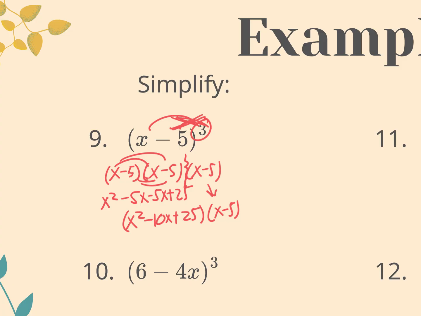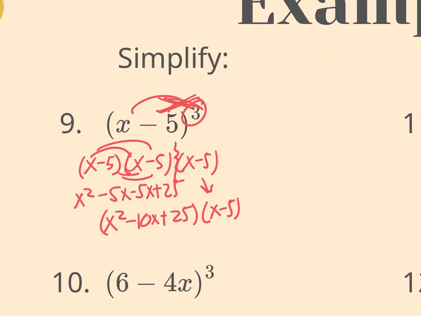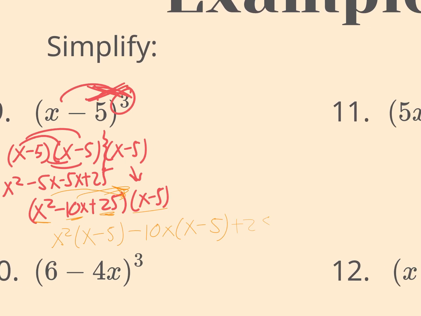From here is where some people might get a little bit confused. You just want to take each term and distribute. So I'm going to take that x squared and distribute it to this x minus 5. Take that negative 10x and distribute it to x minus 5. And take that 25 and distribute it to x minus 5.